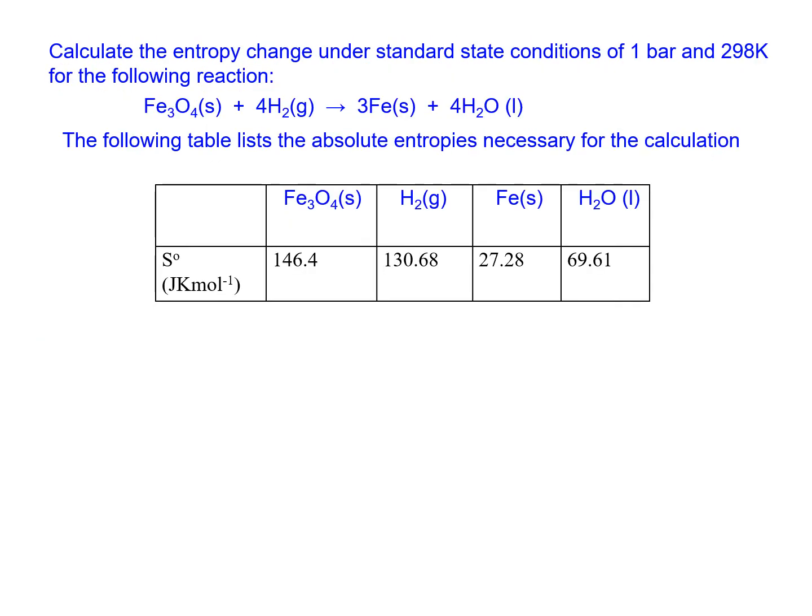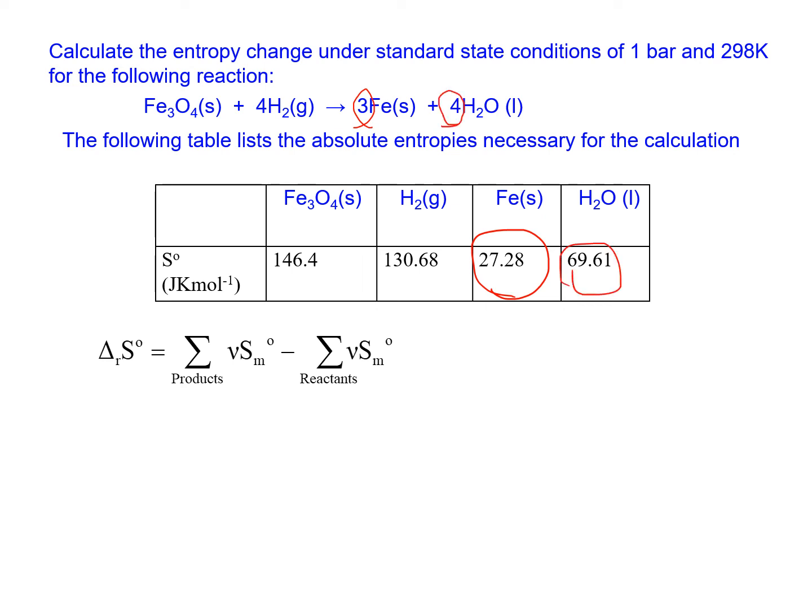The last question: calculate the entropy change under standard state conditions of 1 bar, 298 Kelvin for the following reaction. To calculate reaction entropy, we use the standard entropy of the products minus reactants. So we find the product entropy, iron times 3, and water times 4, minus reactants, and 130 times 4.